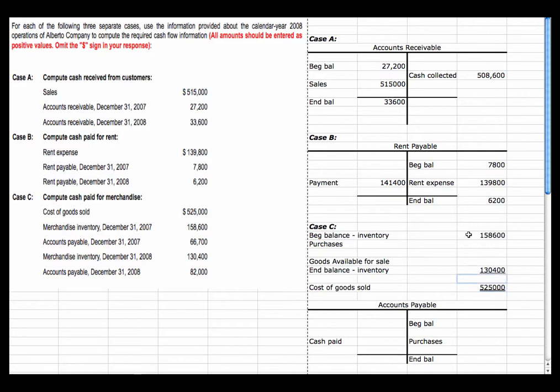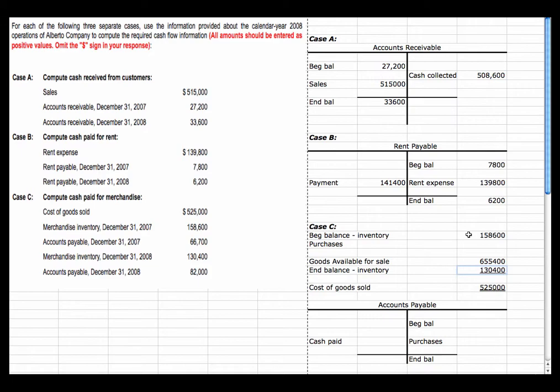So I could work this problem backwards. If I knew what my goods available for sale was, I'd subtract out my ending balance. So if I took my ending inventory plus my cost of goods sold, that's how much inventory was available to me to sell, because if I have it available to sell, either I'm going to sell it or it's going to be left over.